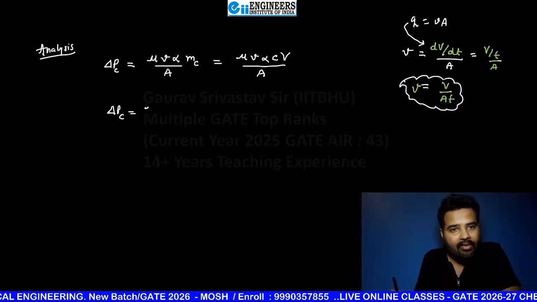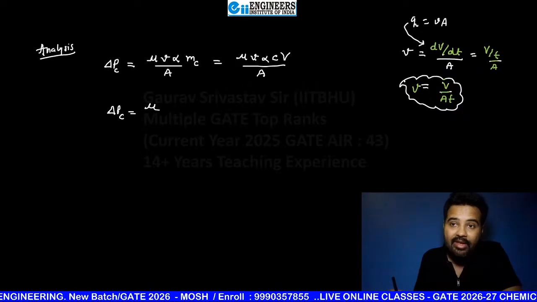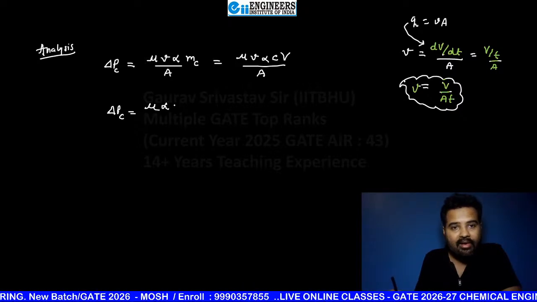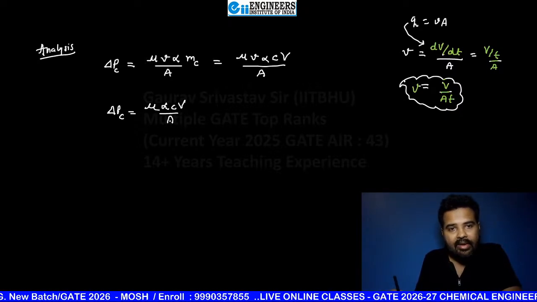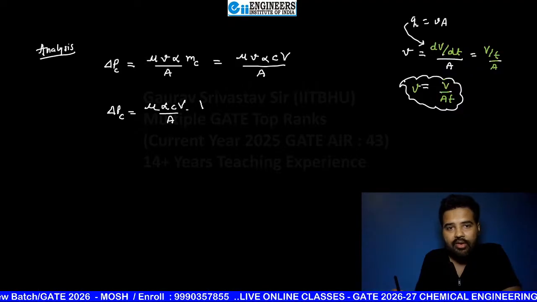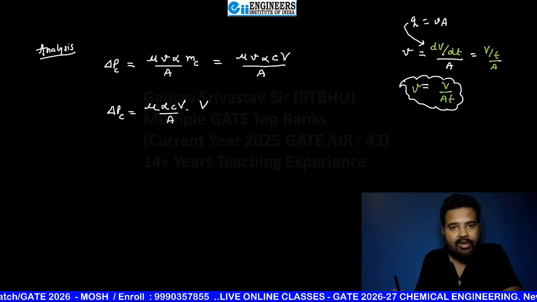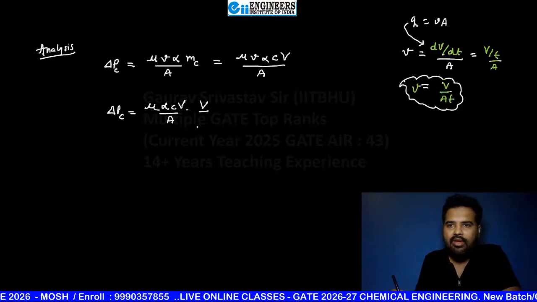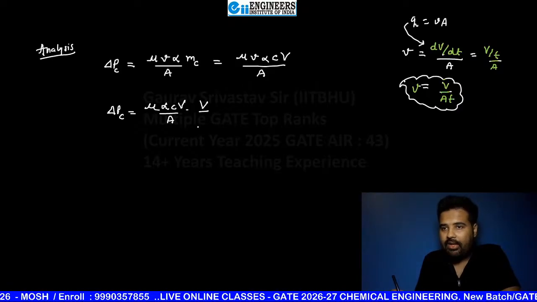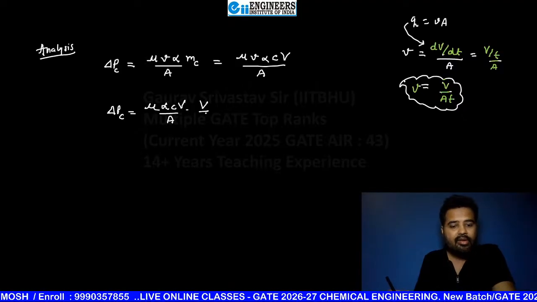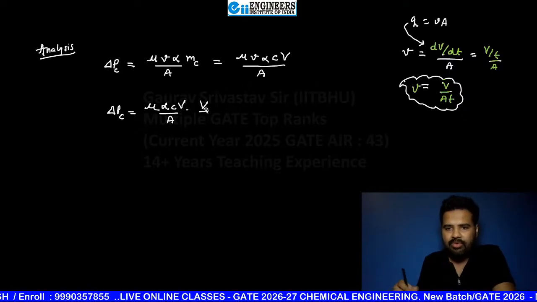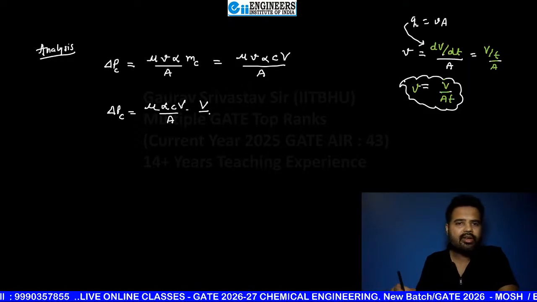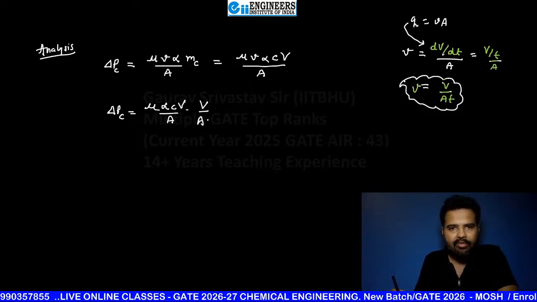In place of this v, I can write V by At. So mu alpha c V by A into V by At, dV by dt. Correct? Do you understand? Let me check that there is no mistake up and down. V square will come, A square t. Okay, correct, V by At.